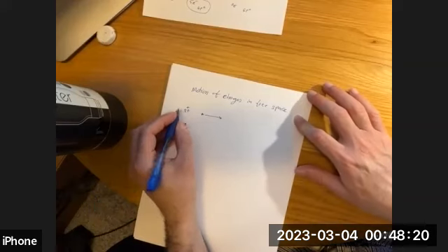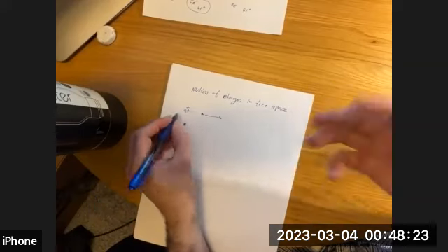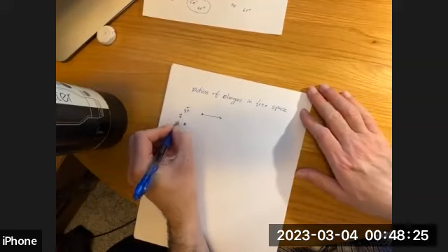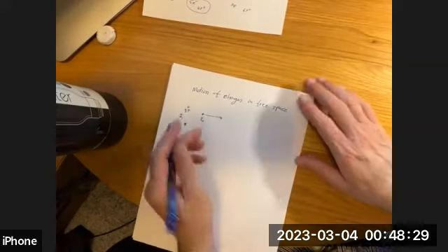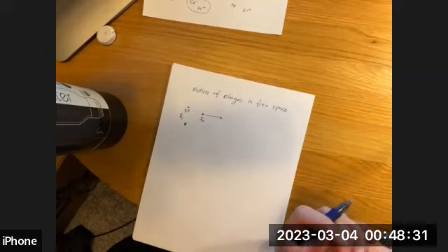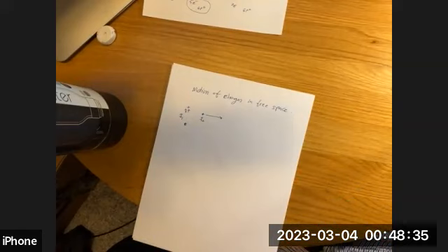Let's assume that the charge here has a quantity Q1, and this charge is Q2. This is analogous to mass having the unit of kilogram. Same thing, charge has a unit, which we call the coulomb.